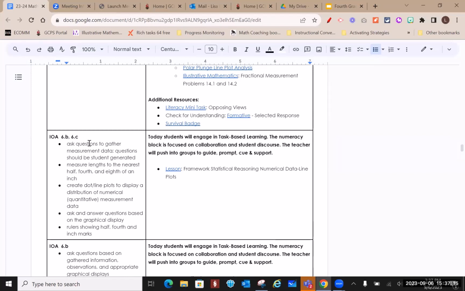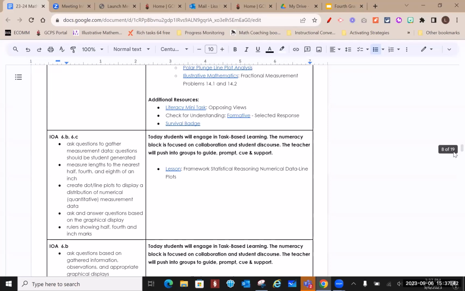We did this so that the students will have an opportunity to engage in task-based learning, to determine what measurement data they want to collect, collect that measurement data, but then to create a line plot since we're just coming off line plots. They will have that chance to ask and answer questions on this day as well.